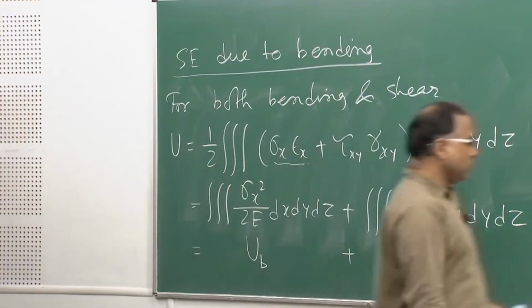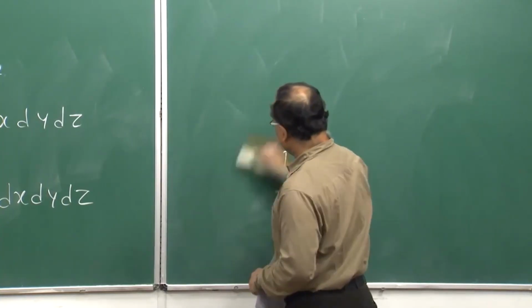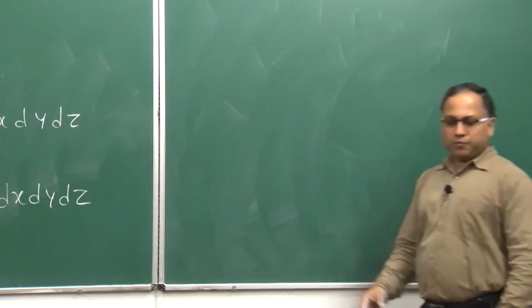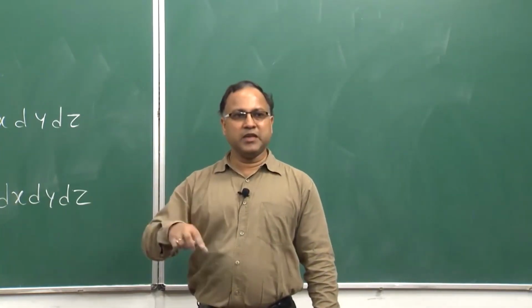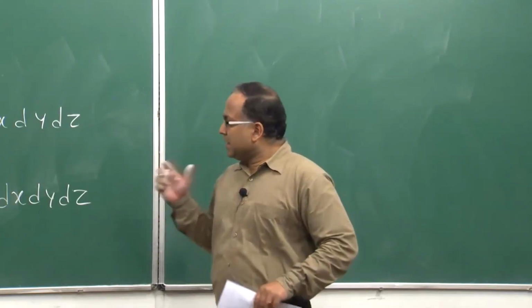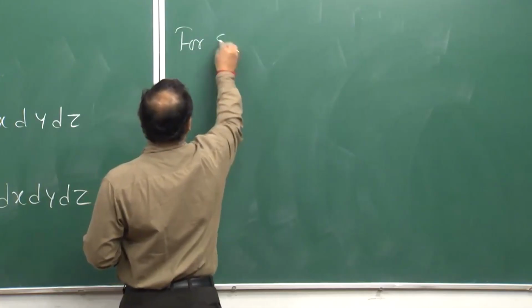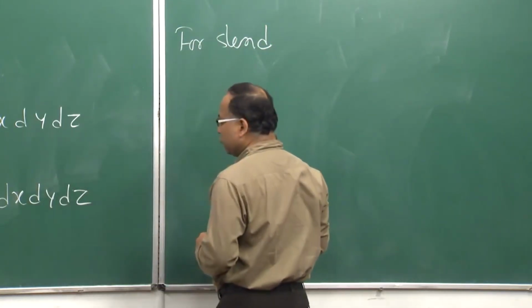Now, it has been observed in different problems associated with the slender member under bending, where bending and shear both are present, that this US is very negligible as compared to UB.